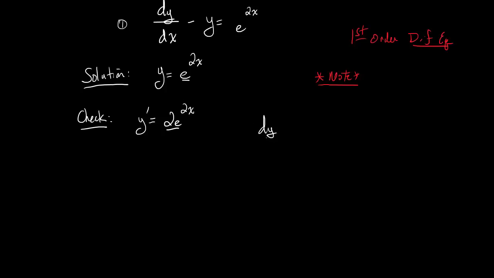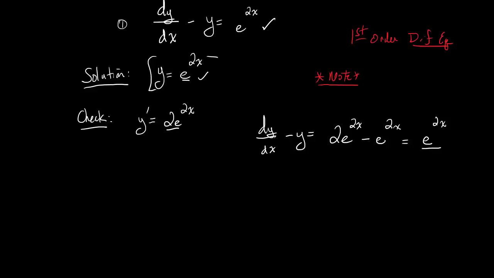So instead of dy/dx minus y, we know dy/dx is equal to 2e to the 2x, and we subtract off our original function, which is e to the 2x. 2e to the 2x minus e to the 2x is in fact equal to 1e to the 2x, and that's what we have here. So we see that this is a solution.